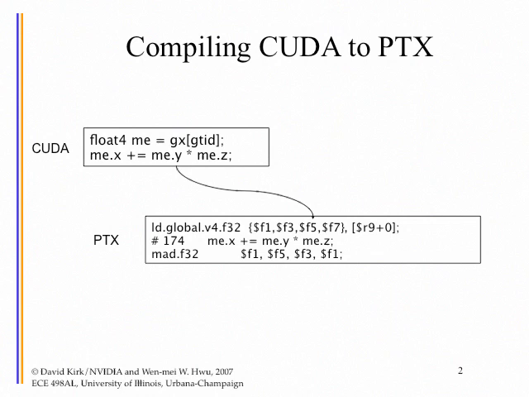Okay? And then this is the address generation for the array. So that's a load instruction. It goes into the global memory, and it's a vector load, so the hardware knows that there are 4 elements involved, and then the size is a 32-bit floating point.